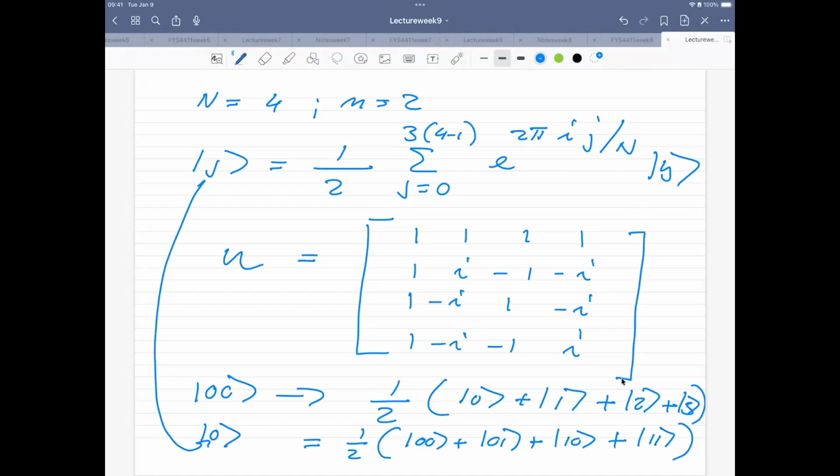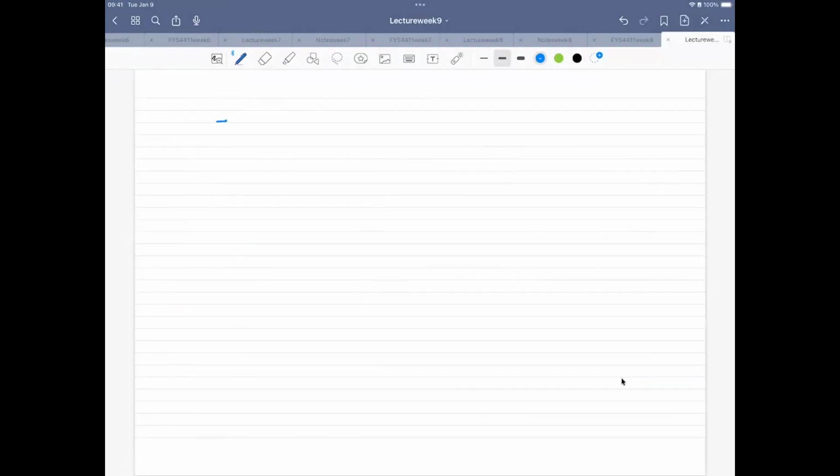And if I set it up, this is going to be equal to 1/2 of 1, 1, 1, 1, like this.